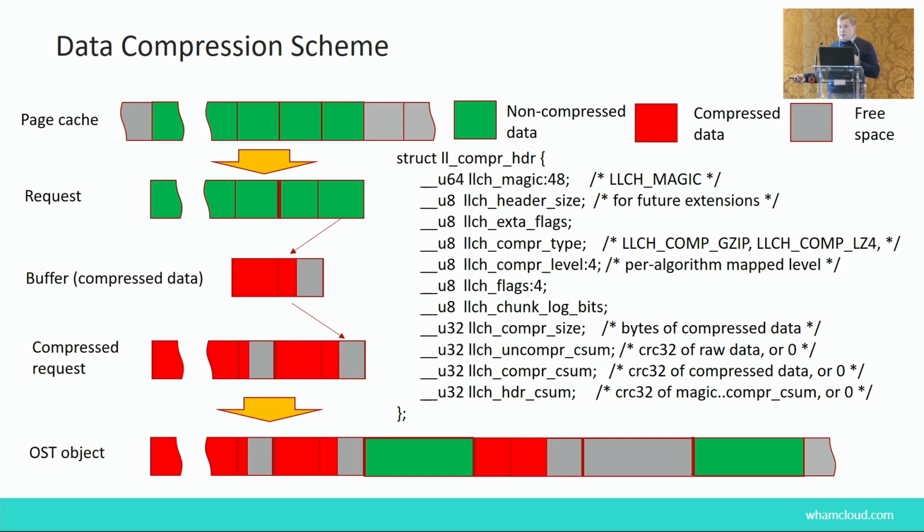So this approach is scalable to CPU cores. Every request can be compressed on a different CPU: more CPUs, more scale. And it's also scalable to clients. A lot of clients can access the same file, and it scales.